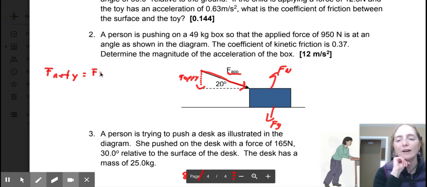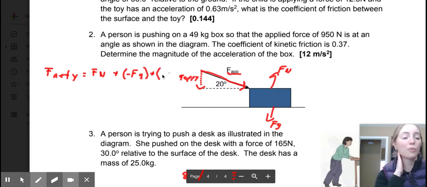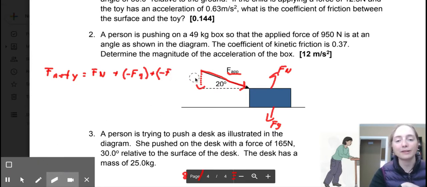So we still have our normal force. We are now going to have Fg acting on the object, which is down, so it's negative. And force applied on the y is down, so it is negative too. Okay, I just got to erase this so I can fit that there.